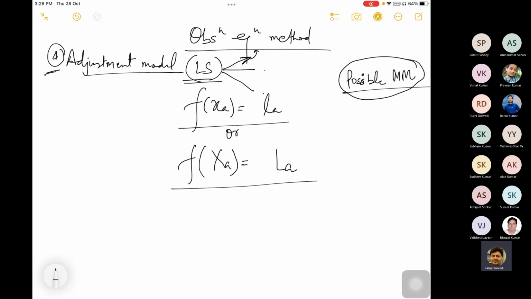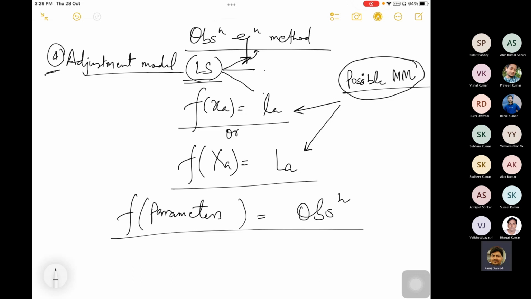These models would automatically come to your mind, and you have to identify which model takes the shape like this: F(XA) = LA, where on the left hand side you have parameters, and on the right hand side you have observables.